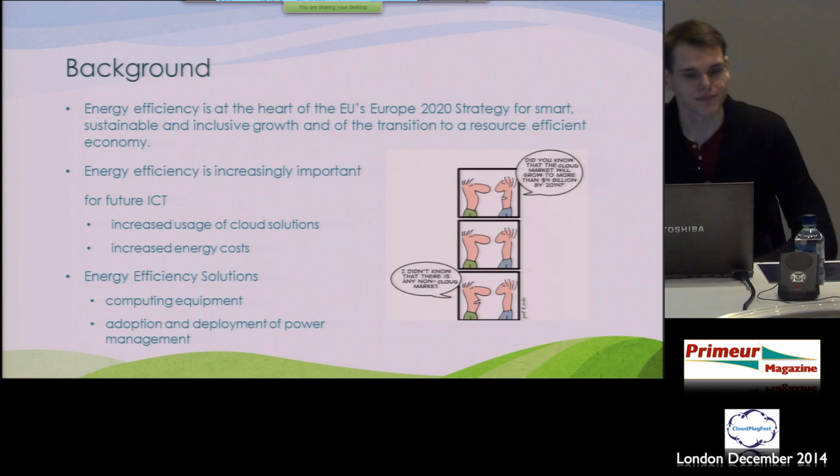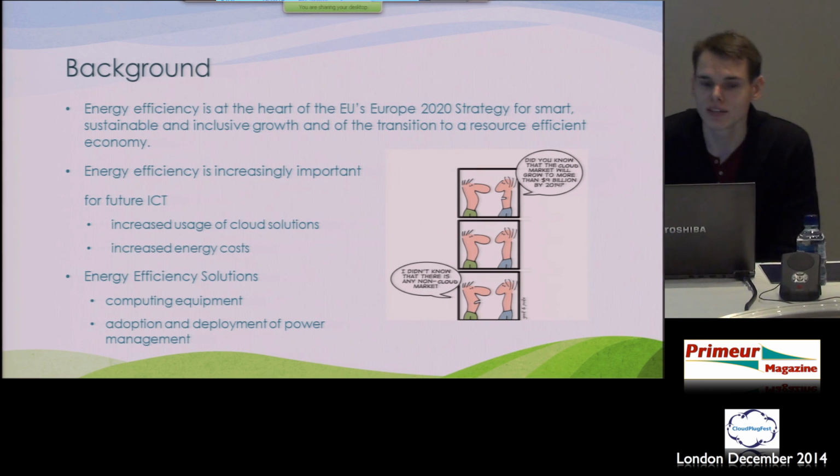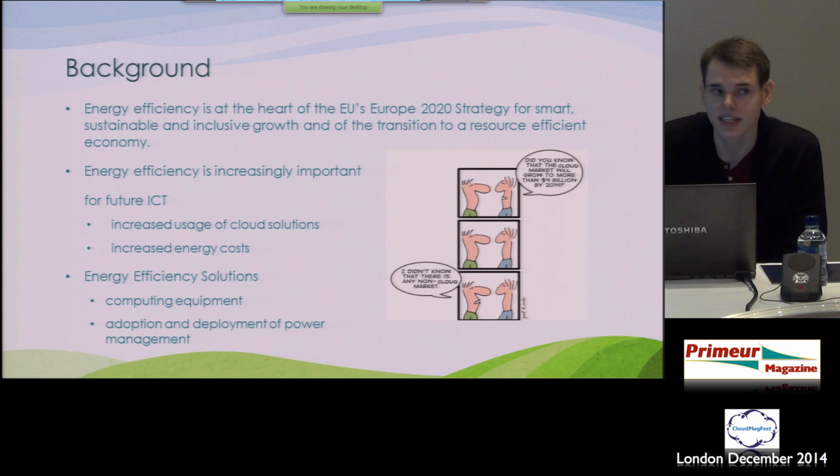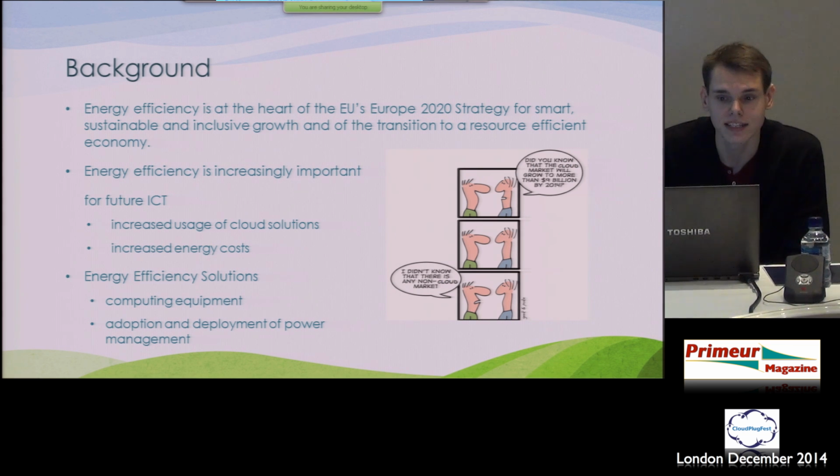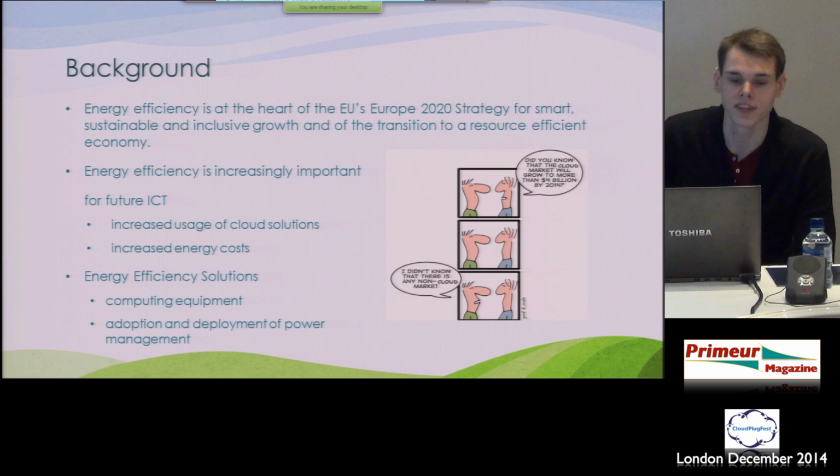So a bit of background. The ASCETiC project's all about energy efficiency in distributed systems, and specifically in cloud computing. And energy efficiency at the moment is very much at the heart of the European Union's 2020 strategy for creating a smart, sustainable economy. And basically, energy efficiency is increasingly becoming important in the ICT industry as our energy consumption increases.